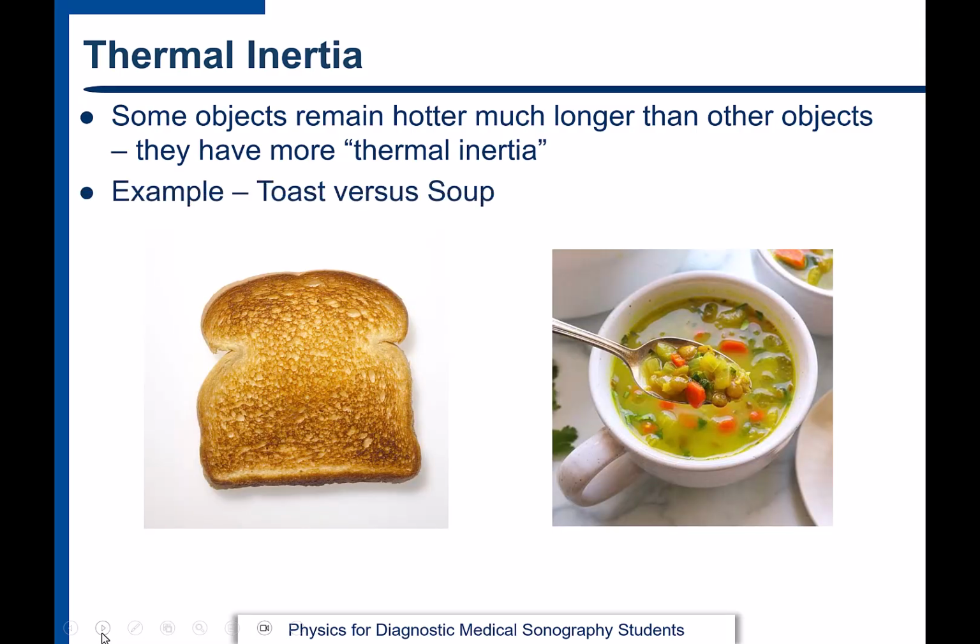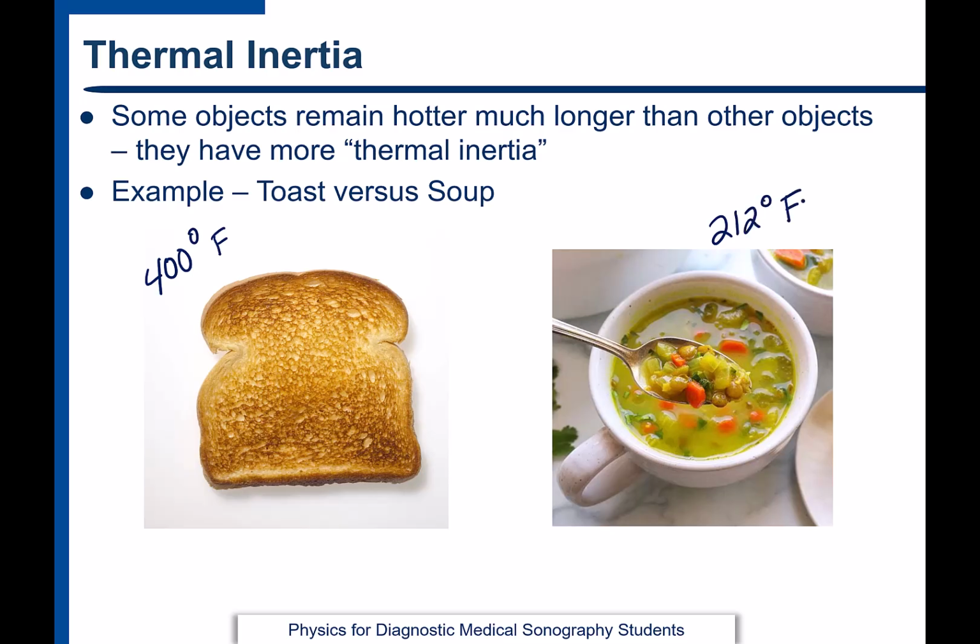And here's an example. You've probably all done something like this with similar foods. When you take toast out of a toaster oven, it's usually at about 400 degrees Fahrenheit. Let's say you also heat up some soup on the stove and you heat it until it's boiling. That would be at 212 degrees Fahrenheit.